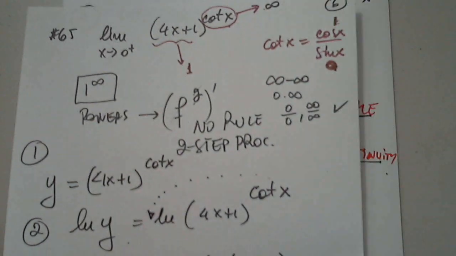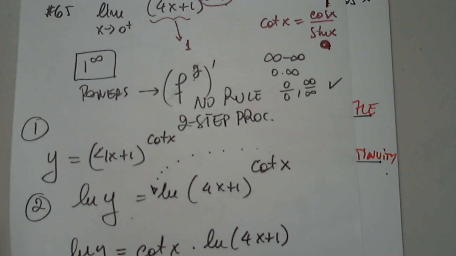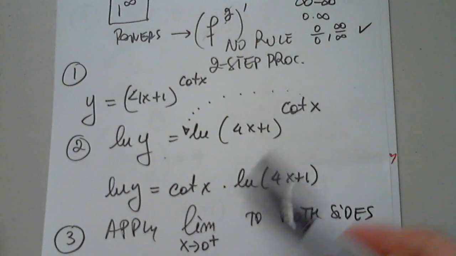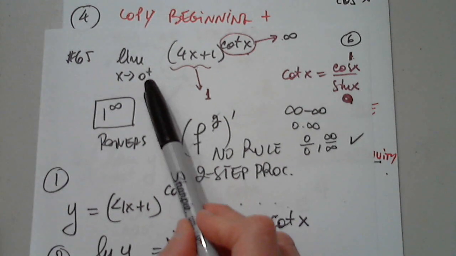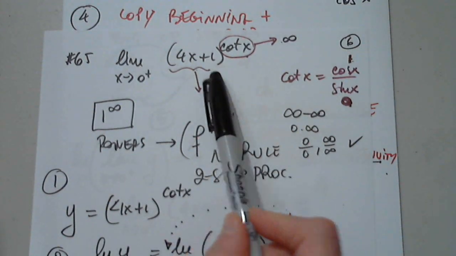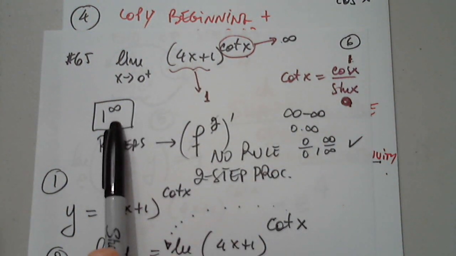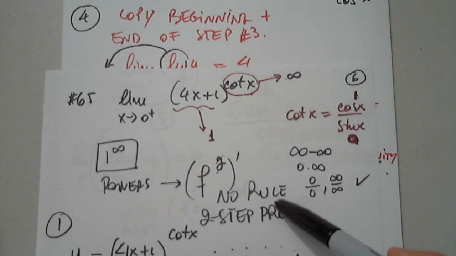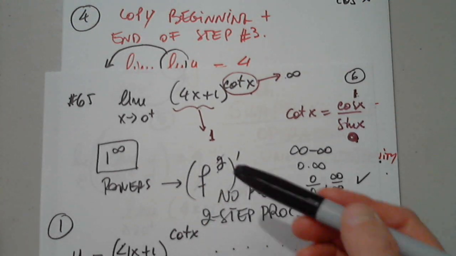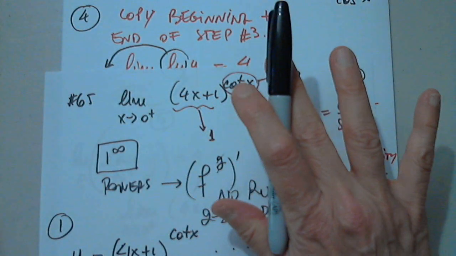So, again, how many steps? A million, a zillion, all sorts of steps. First of all, I plug it in. I realize it's one of the most cumbersome, a power. I know I have a function to a function, and I know that there is no rule. You can say, how are you relating differentiation with this? I'm not.